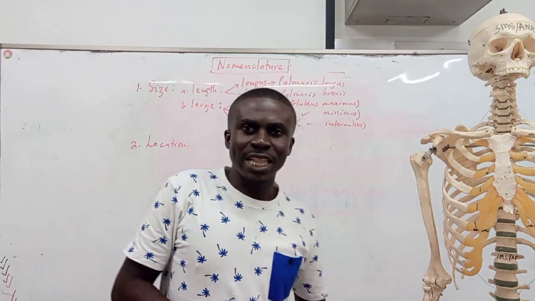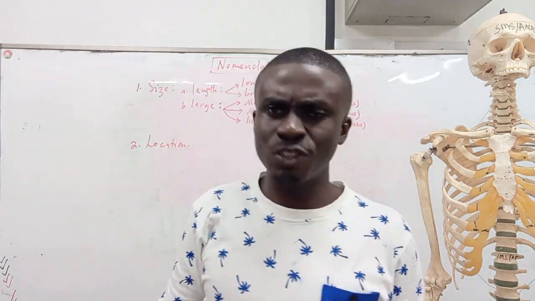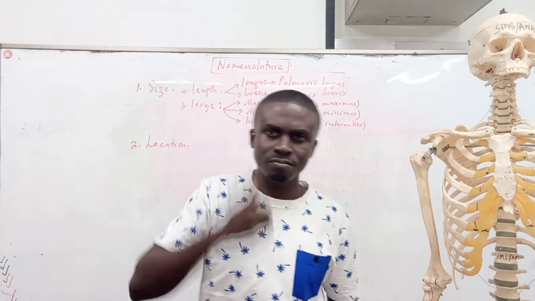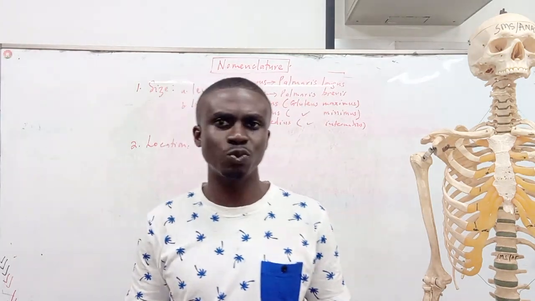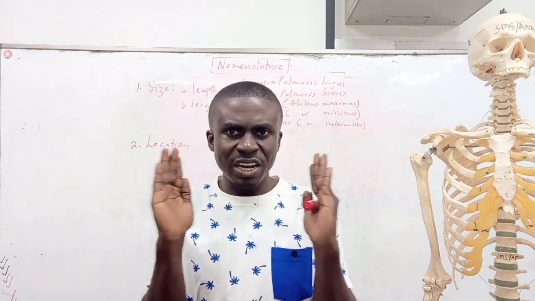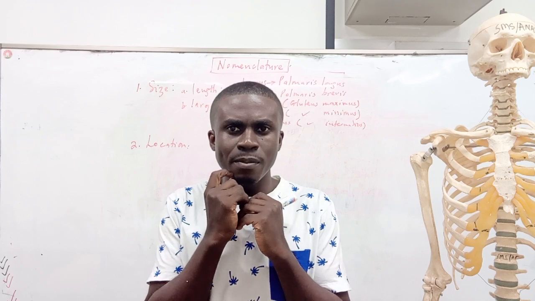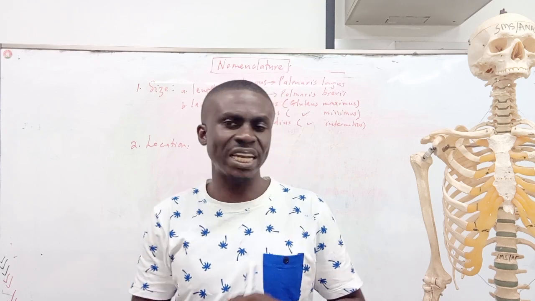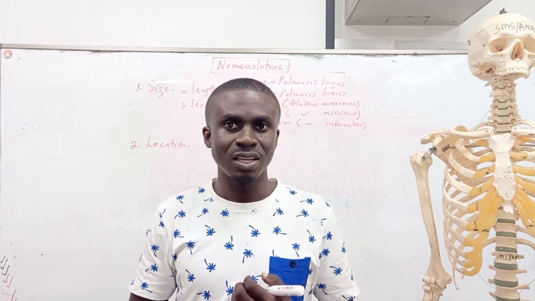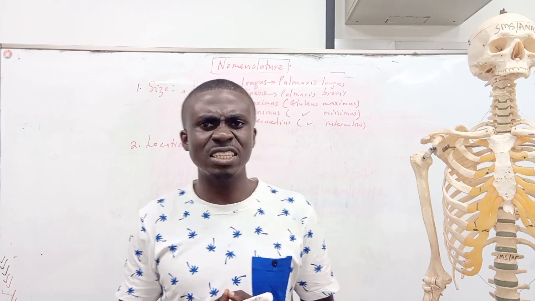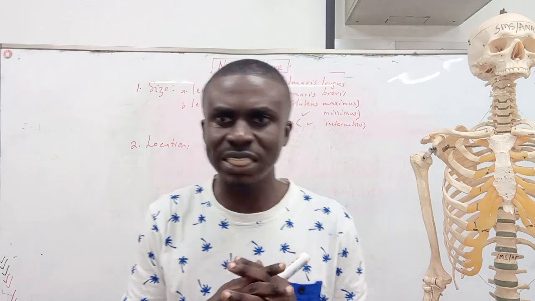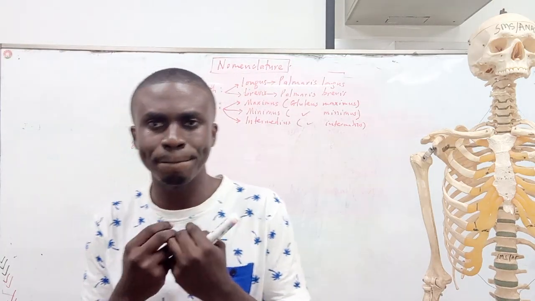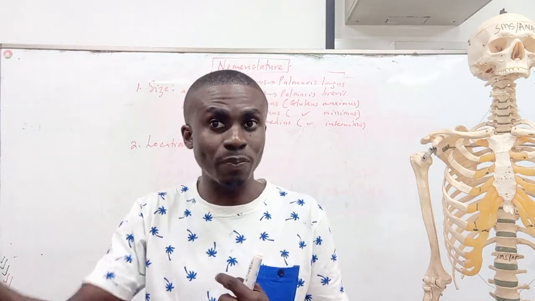Okay. Now, there could be another situation in which we may name muscles with respect to their relative position, or with respect to their closeness to the midline of the body. So, for instance, there's this muscle which will help you in side to side movement when you are chewing. You call them pterygoid muscles.